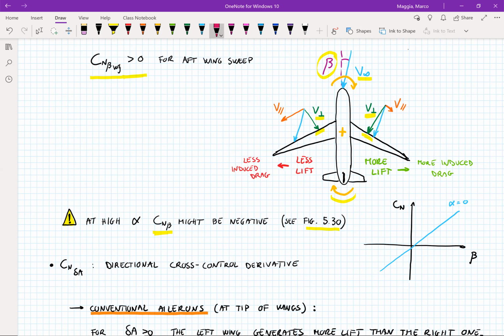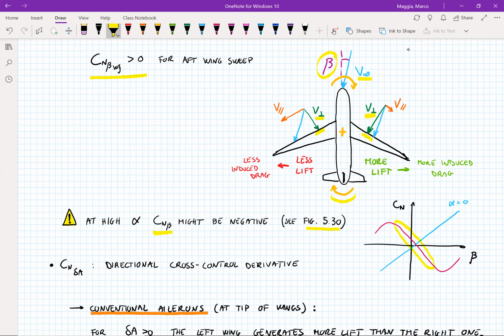But if we increase the angle of attack to 30 degrees, then we have a curve, a yawing coefficient Cn, that for most side slip angles has a negative slope, right?